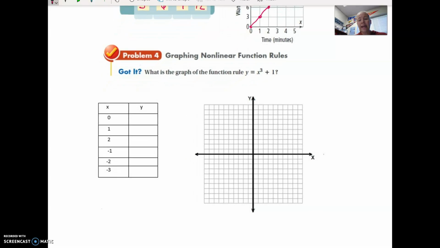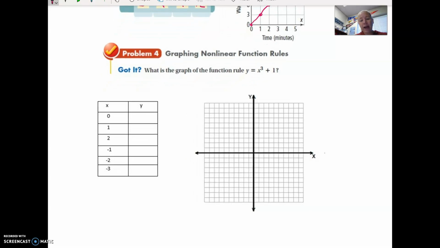So I'm going to take these values for x and plug them in for x here, and we're going to find those values. Remember, on your calculator there's a little button like this. It's called a caret.